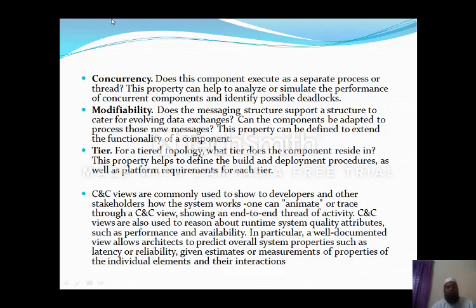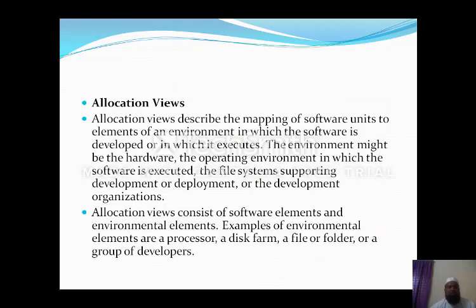Component connector views are also used to reason about runtime quality attributes such as performance and availability. So these two are the runtime attributes. In particular, a well-documented view allows architects to predict overall system properties such as latency, that is nothing but reliability, and availability of the system, and gives estimates or measurements of properties of the individual elements and their interactions. So these are the things we need to consider.